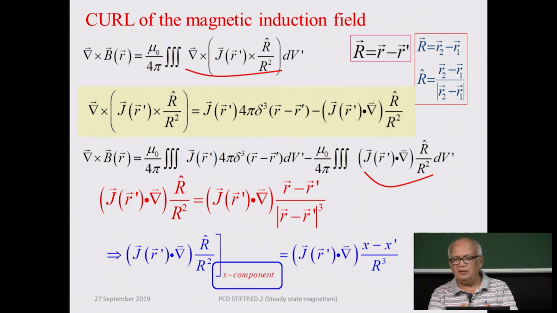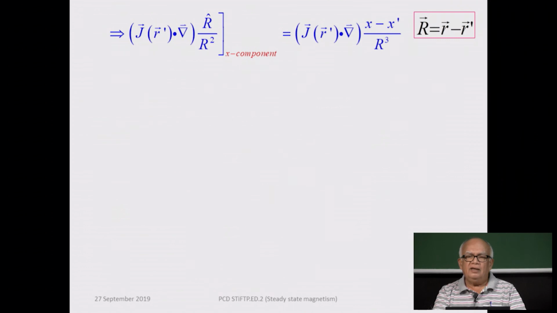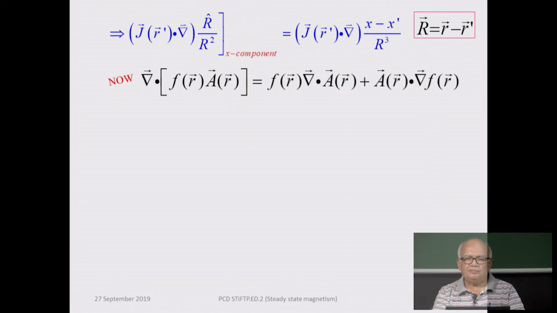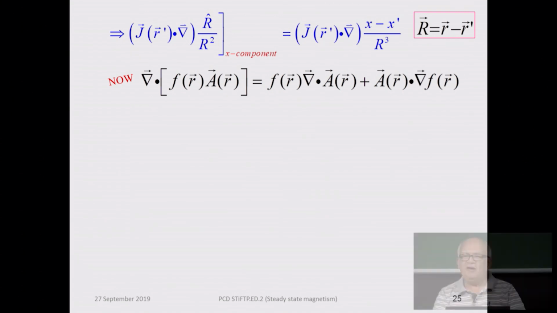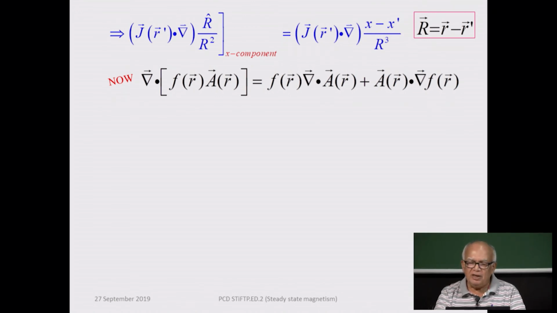So I take this term, which is the second term in the expression for the curl of B. I look at the x component and I use a vector identity for the divergence of a product of two functions, one of which is a scalar and the other is a vector. f is some arbitrary scalar function, A is some arbitrary vector function, and the divergence of the product of f and A is given by this identity.